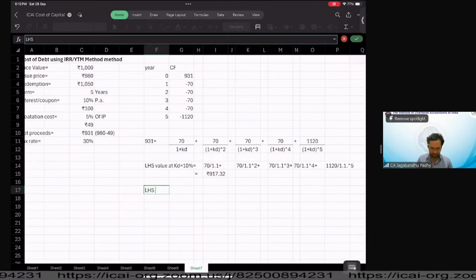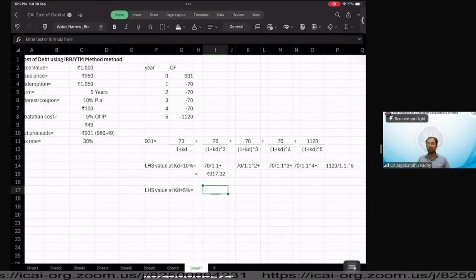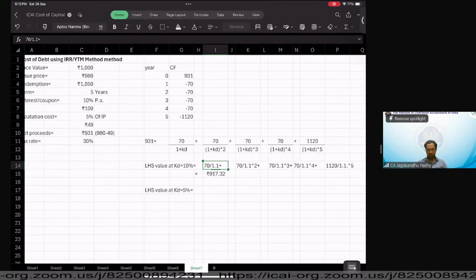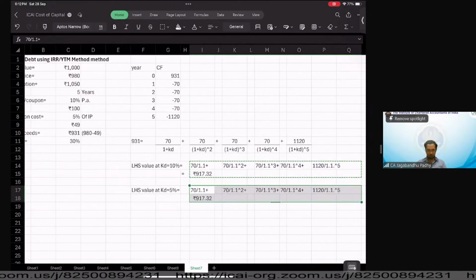So give me the LHS value at cost of debt equal to, let's say, 5%. Give me the LHS value when we are looking at it from the 5% point of view.